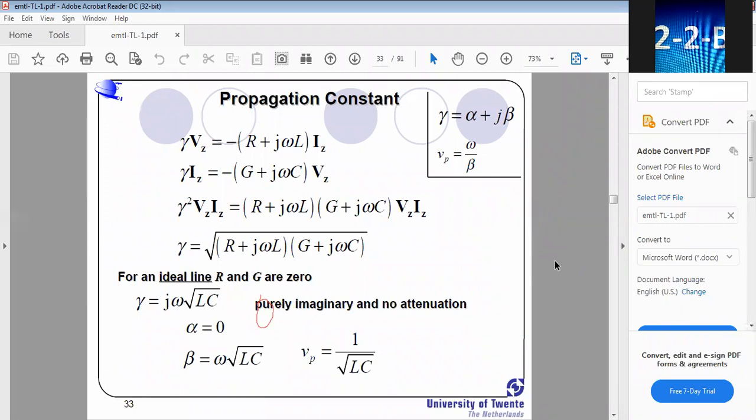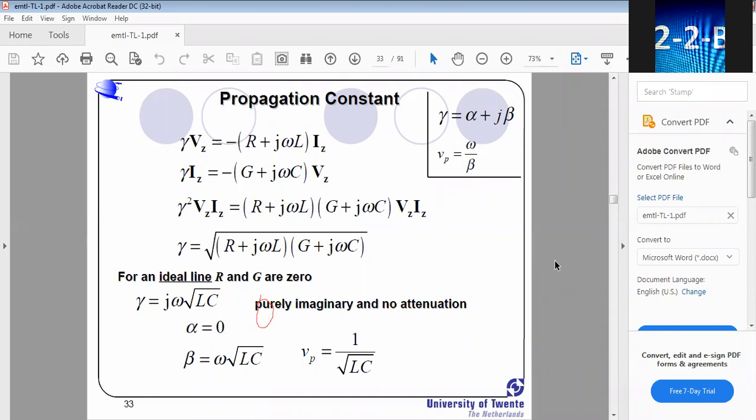See here, for the propagation constant, you already know the expressions: minus of r plus j omega l into Iz by gamma. That's why I told you to remember this expression and utilize it every time: gamma into Vz, gamma into Iz, minus of r plus j omega l into Iz, minus of g plus j omega c into Vz.